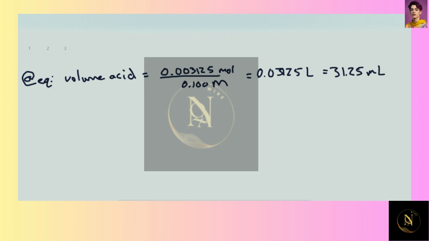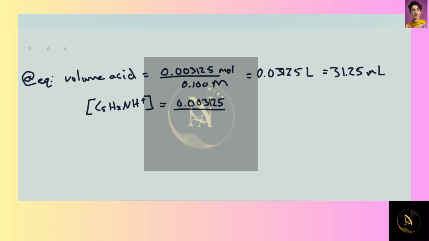And so at this point, we need to calculate the concentration of the conjugate acid. So the concentration of C5H5NH+ is equal to the number of moles. Everything that was pyridine at the beginning is now the conjugate acid.